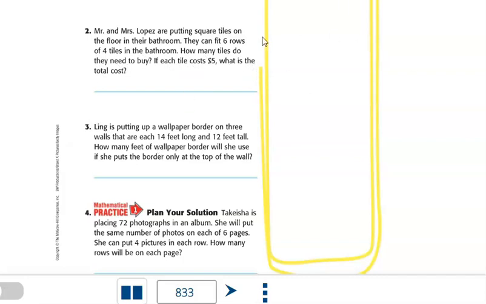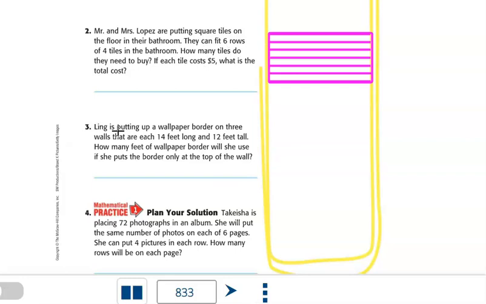So I'm going to draw some things in my work center here and show you a good way to set this problem up. This is just to help us visual learners figure out what we're doing to make a simpler problem with this. They can fit 6 rows of 4 tiles in the bathroom.